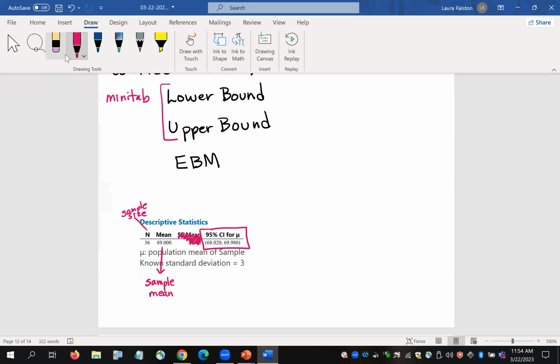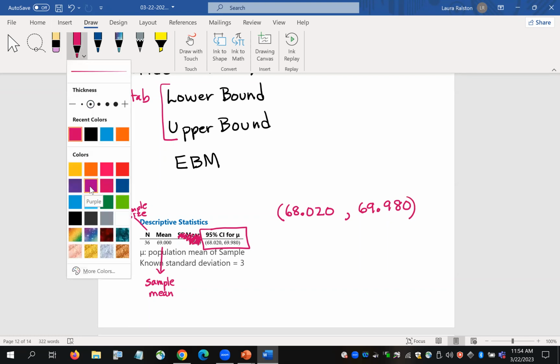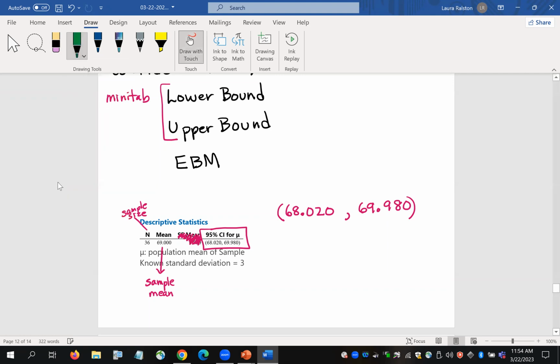The first number in the parentheses, 68.020, comma, 69.980, is your lower bound. That's the smallest or minimum value that the mean could be in this problem.